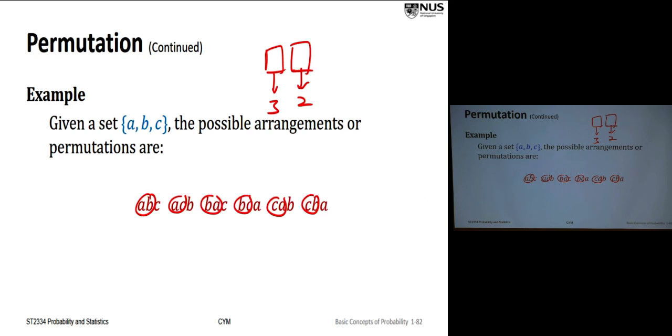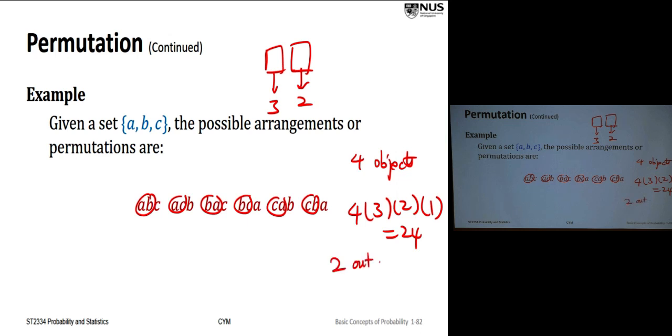Of course, then I can expand it to 4. If I have 4 objects, all right, arrange them. How many ways that I can arrange them? So it's 4 times 3 times 2 times 1. So it's 24, or 4 factorial. How about arrange 2 out of 4 objects?